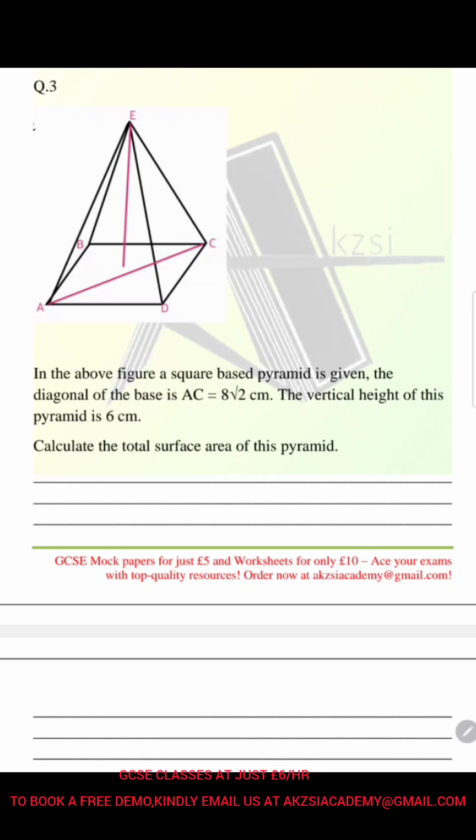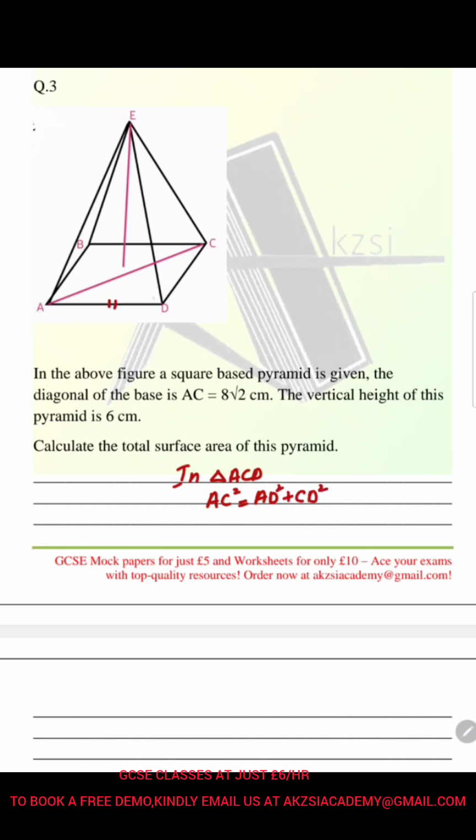If I apply the Pythagoras theorem in triangle ACD, the hypotenuse, which is AC in this case, the diagonal of the square, is equal to the sum of the squares of the other two sides. So AC squared is equal to AD squared plus CD squared.